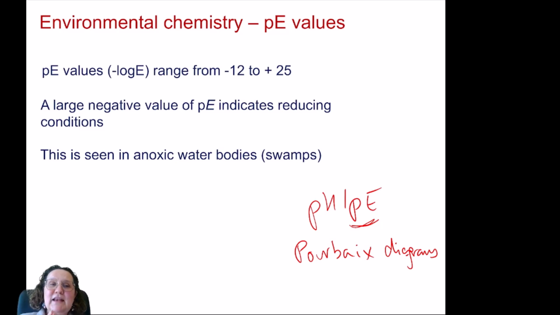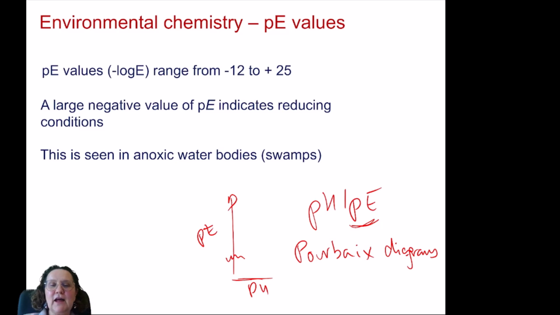When you have a very negative value, so very low in the diagram, if you think of this as pe and pH, that means the substance is stable under very reducing conditions.